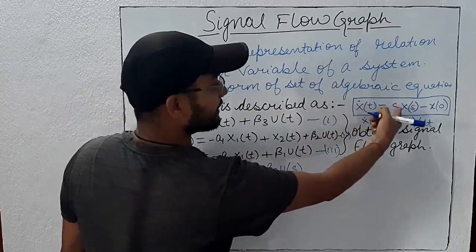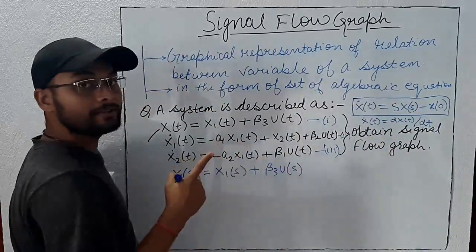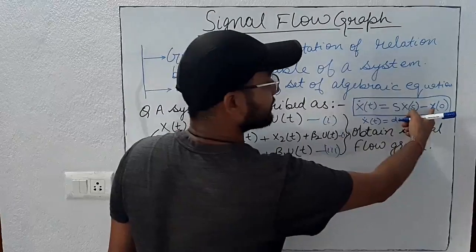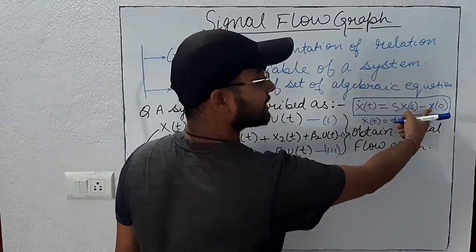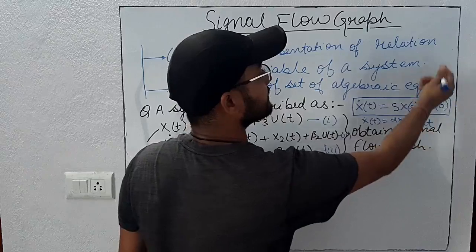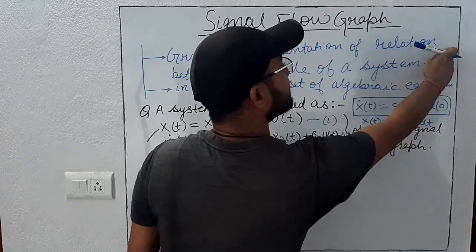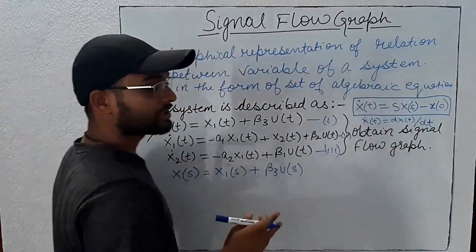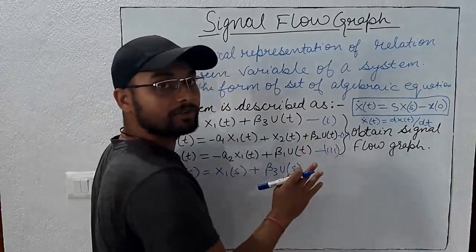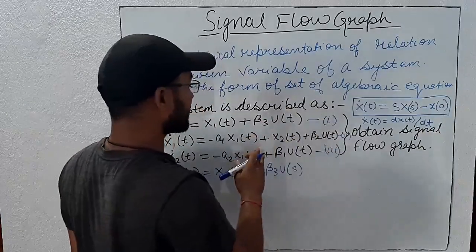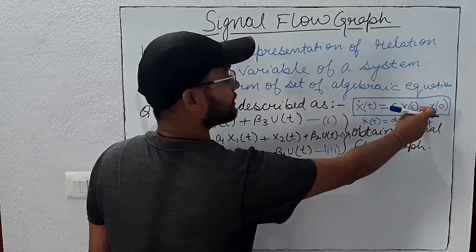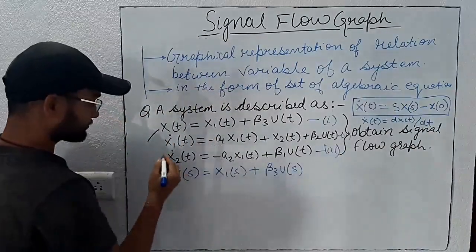Whenever the question does not say to consider the initial condition, we ignore the initial condition in finding the transfer function. There is nothing given about the initial condition, so for finding the transfer function, we will ignore this term.